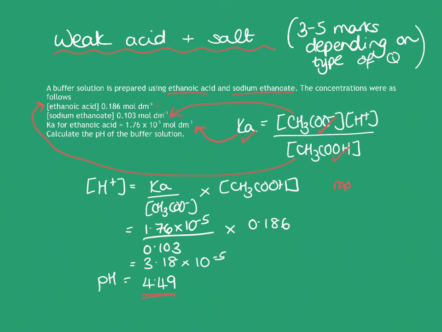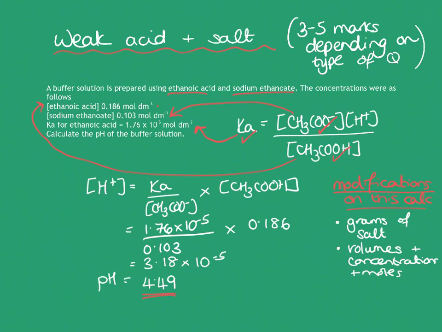Modifications on this calculation. So you could have grams of the salt, so have to use moles equals mass over MR. They could give you volumes and concentrations instead of just straight concentration, so some combination of volumes, concentration, moles.